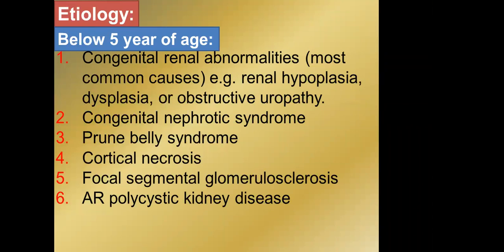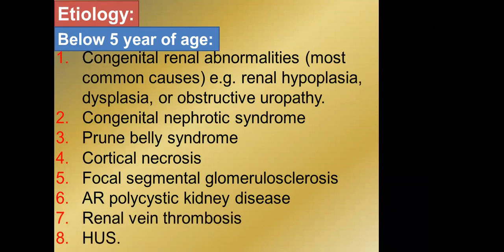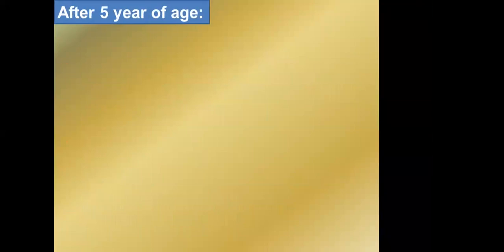We have two varieties of polycystic kidney disease: autosomal recessive, which occurs in children below 5 years, and autosomal dominant, which is mainly in adulthood. Also renal vein thrombosis and hemolytic uremic syndrome. These are the main causes of chronic kidney disease in children below 5 years of age. What about children after 5 years of age?